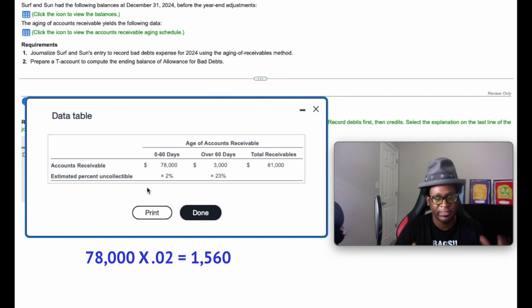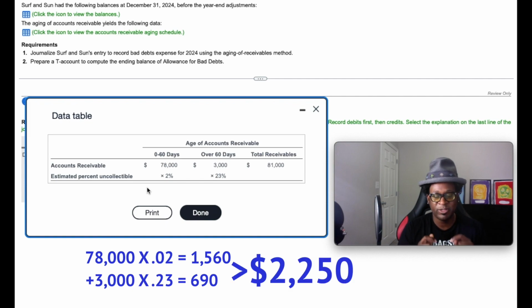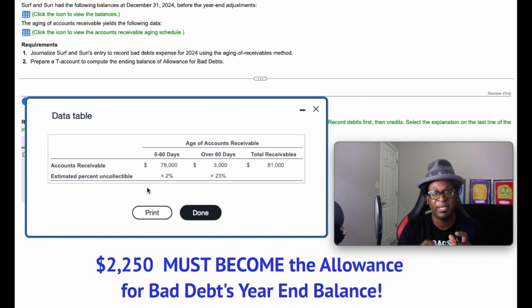Then we take the 23% and multiply that times $3,000, which gives us $690. When we add those two together, gang, that gives us $2,250, which represents the new ending balance for our allowance for bad debt.